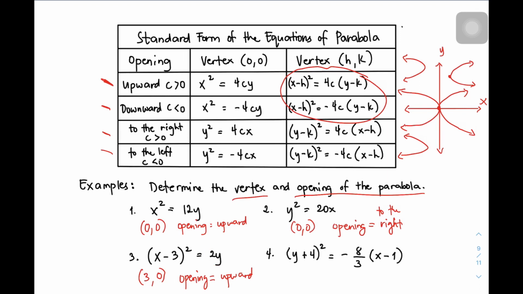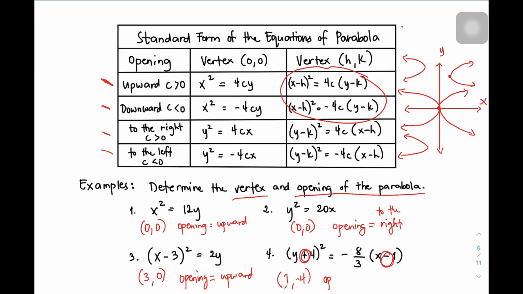Next, number 4. So, yung y ang merong square, ibig sabihin it's either left or right. Pero alamin muna natin kanyang vertex. Ang kanyang vertex ay ito. Bantayan natin yung sign. So, you have 1, negative 4. Since ito yung h natin, that is negative, i-flip mo lang yung sign, ibig sabihin 1, yung h mo, positive. If this is positive, ibig sabihin yung k mo is negative.